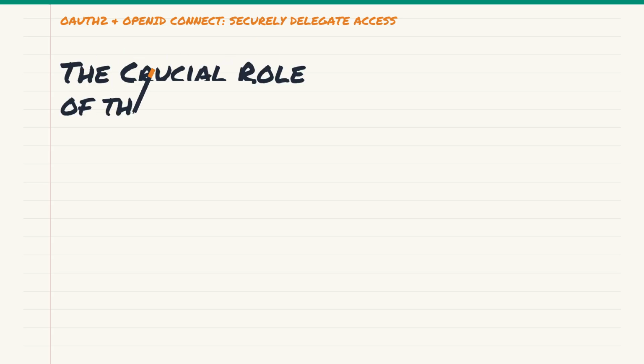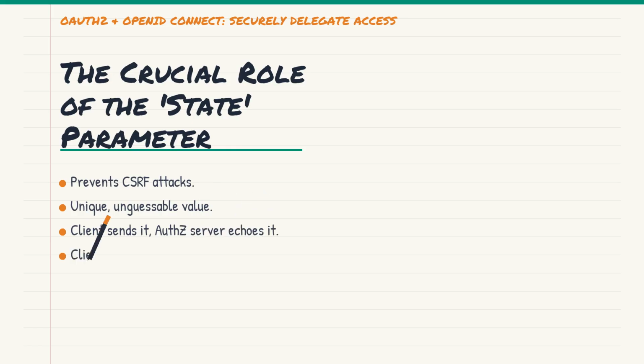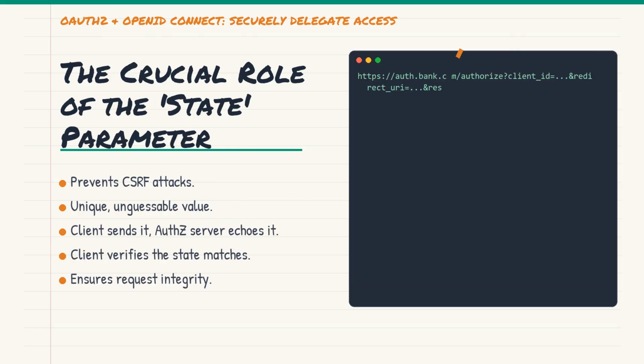Ever notice that long, random string in the URL when you are logging in via OAuth2? That's the state parameter. It's a vital security measure to prevent cross-site request forgery (CSRF) attacks. When the client initiates the authorization request, it generates a unique, unguessable state value and sends it along.